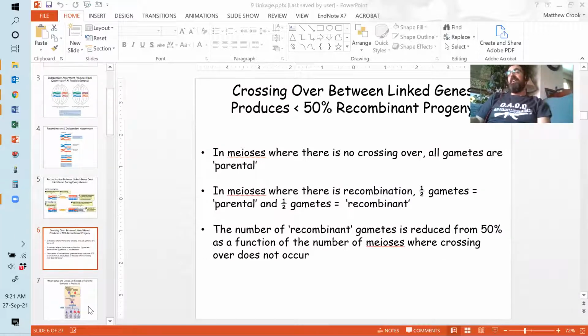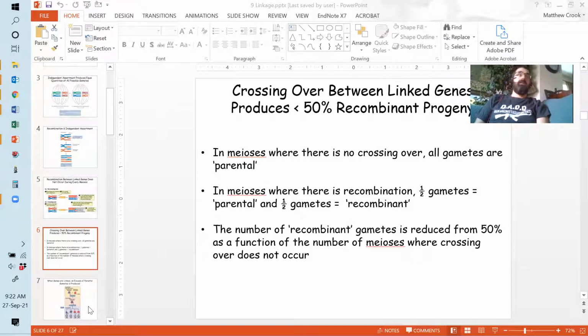Okay, so you remember we talked about epistasis, where the phenotype for one locus can mask the phenotype or the genotype of another. And so there you get a very different dihybrid F2 cross ratio.